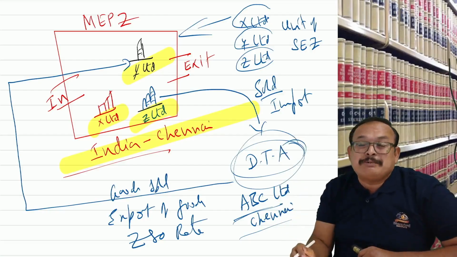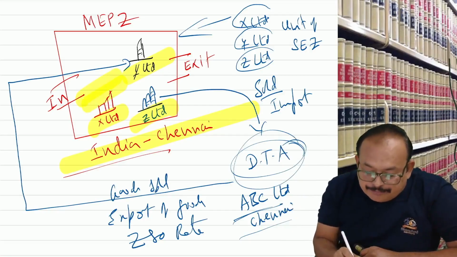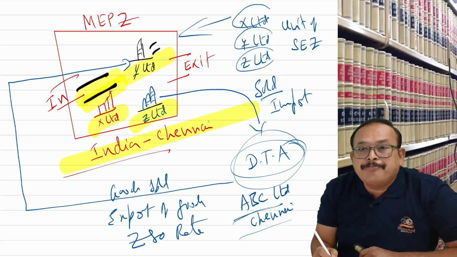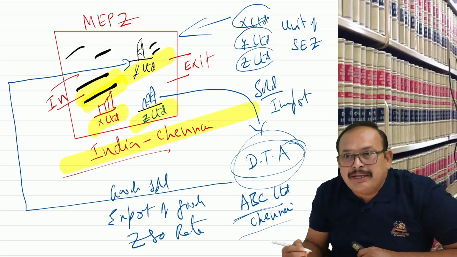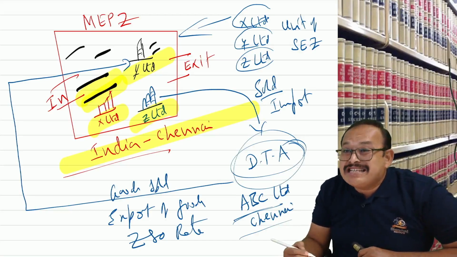Who is a special economic zone developer? There must be a road constructed. There must be infrastructure, the building, the property should be constructed. There must be drinking water facility, drainage facility. These are provided not by a company within the zone but by the developer.